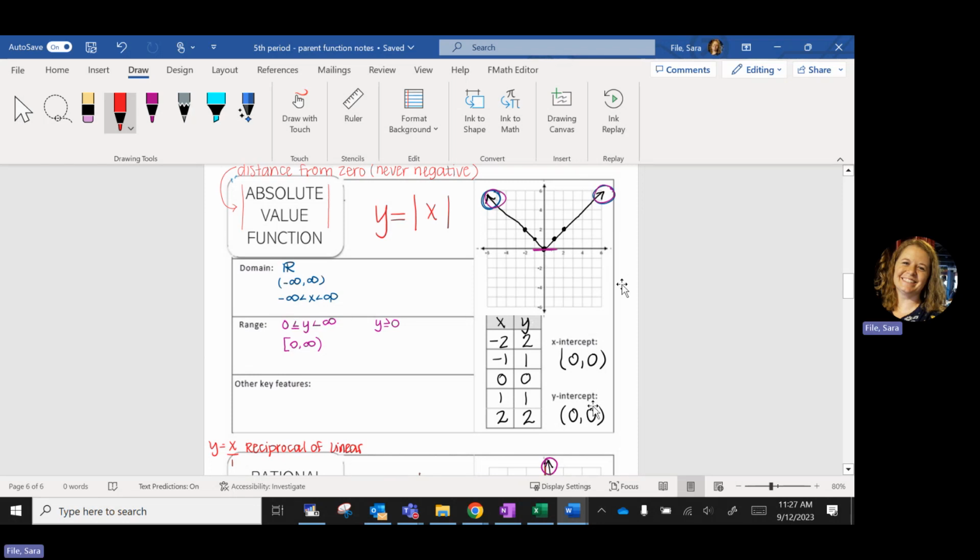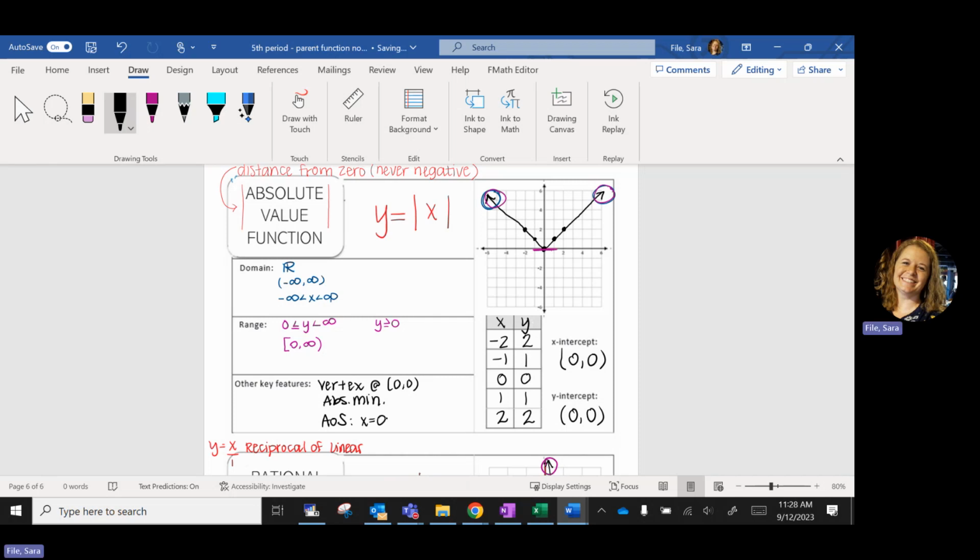It has the same intercepts and it also has the same other key features. There is also a vertex, which is an absolute minimum at the origin. And there is a line of symmetry or an axis of symmetry on the y-axis, which is x equals 0.